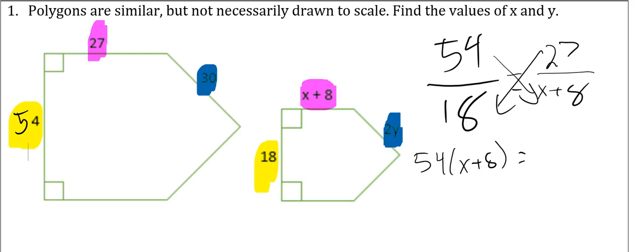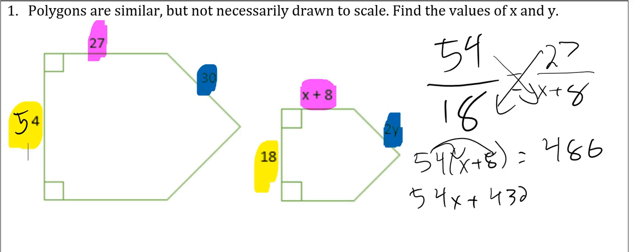Then you take 18 times 27 and get 486. That's 27 times 18. Then we're going to distribute. You get 54x plus 432. We subtract 486 minus 432.